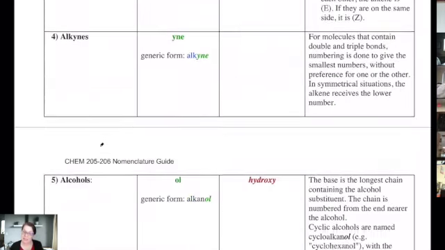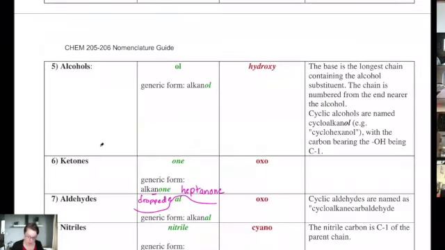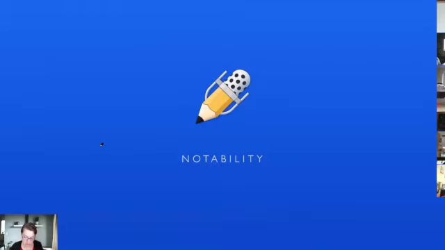Wherever it is on this list is going to tell us. So alcohols are 5th on the list. They are a lower priority than ketones are. Okay, and I'll show you how to handle that in just a second. So if we have an alcohol, the suffix is going to be OL. So we're going to take the alkane name, drop the E, and add an OL.